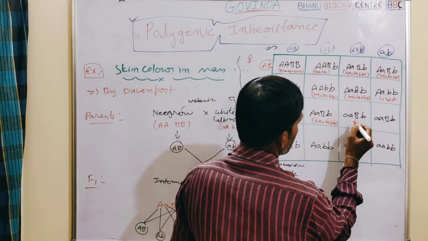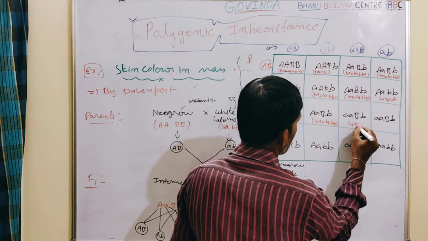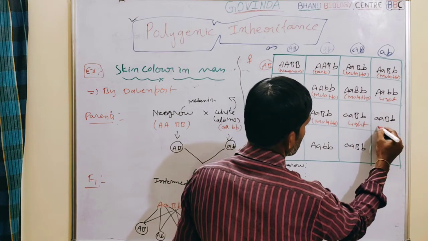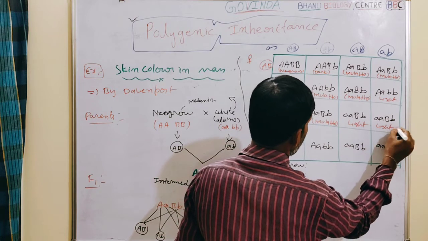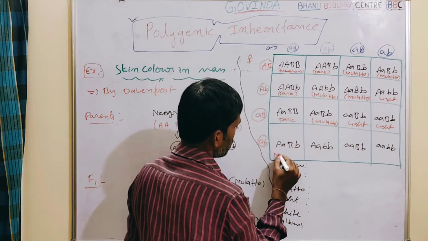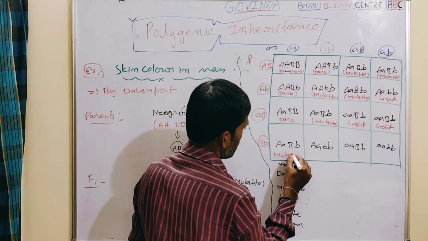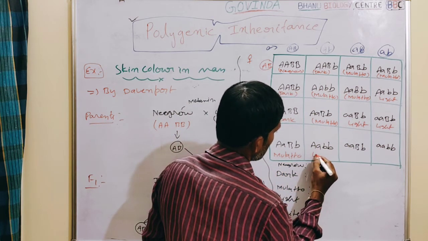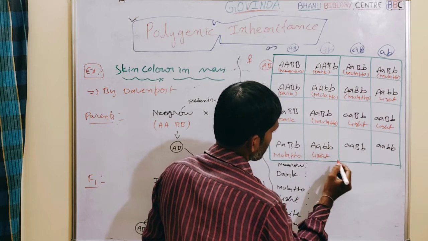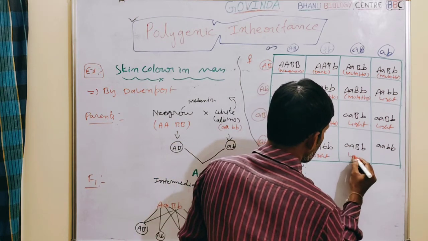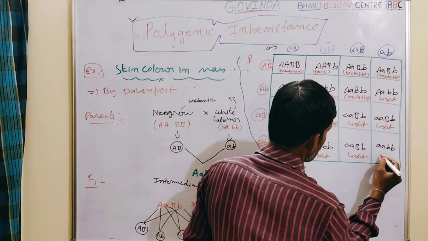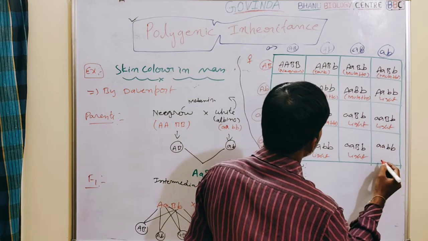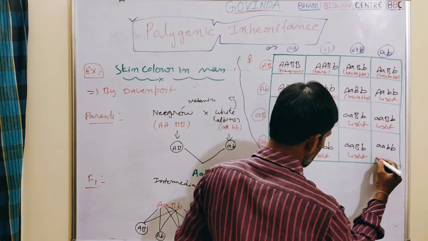Then 3 recessive, 1 dominant, again light color. Then 3 recessive, 1 dominant, again light color. 2 dominant, 2 recessive, mulatto color. Then 3 recessive, 1 dominant, light color. Then again light color. Here all 4 are recessive, so white albino.